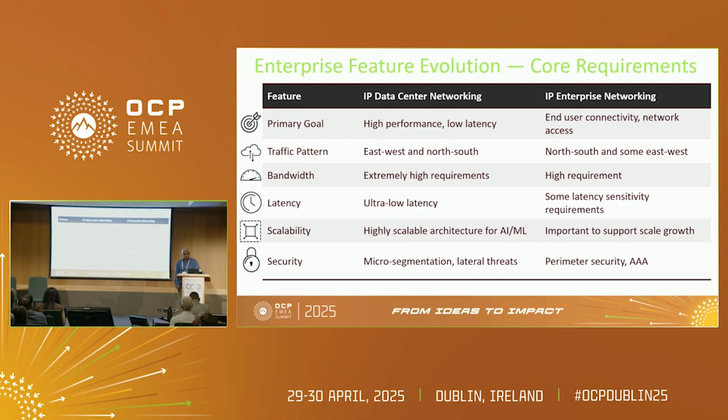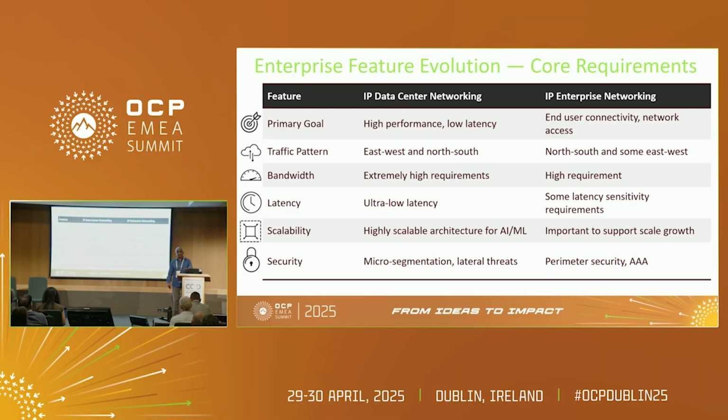From a data center perspective, it's all about making sure traffic gets as fast as possible between point A and point B. Whereas on the enterprise side, it's about many more layers of functionality. You're connecting your end users to the network, controlling their access and providing a way for them to get access. So yes, you're carrying traffic, but the goals are quite different. The traffic patterns, when you look at both sides of the network, are very different.